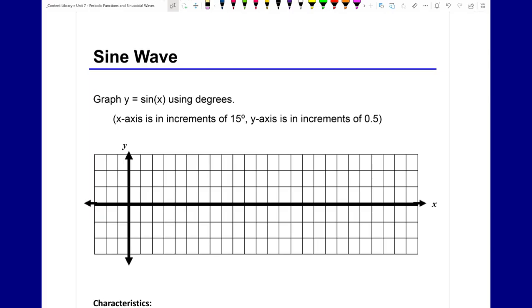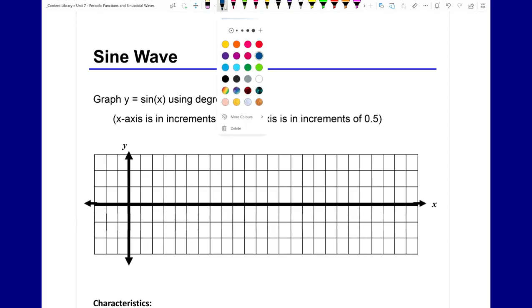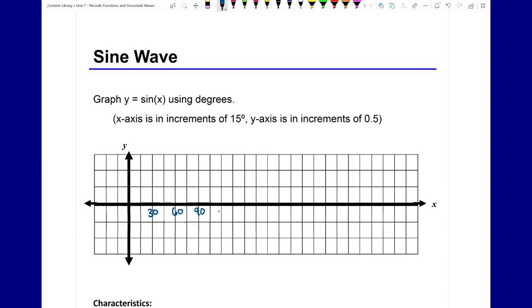So for example, let's add some actual values. Let's draw our sine wave graph. The x-axis is in increments of 15 degrees, but I'm going up by 30s just because it's a little bit easier.